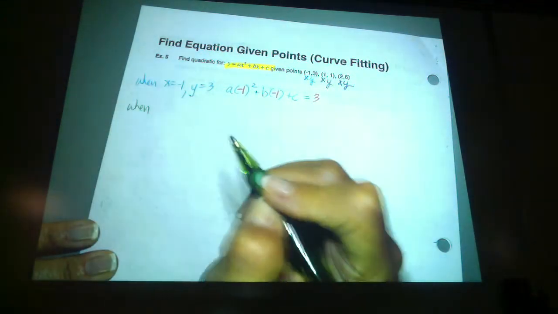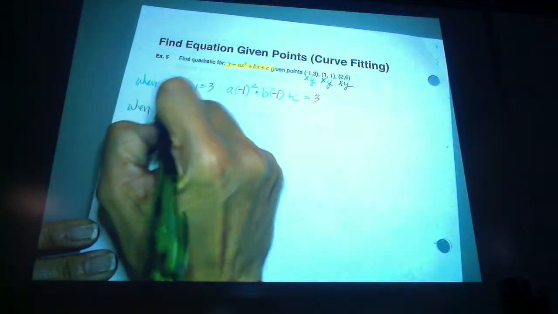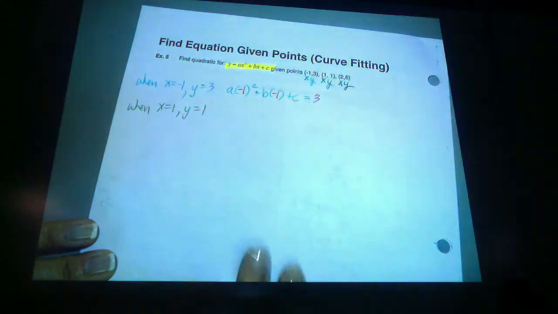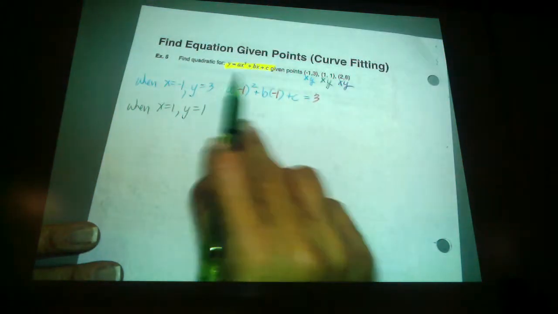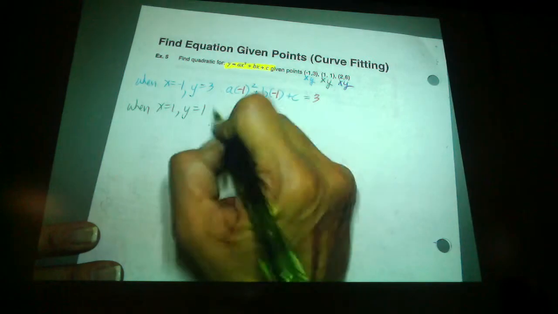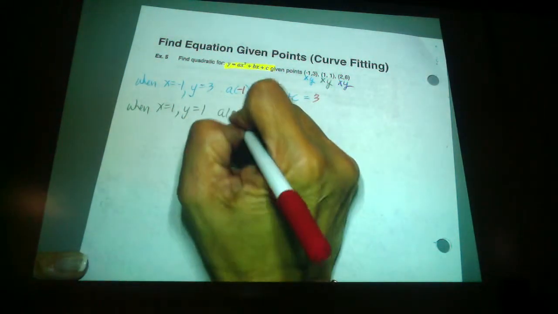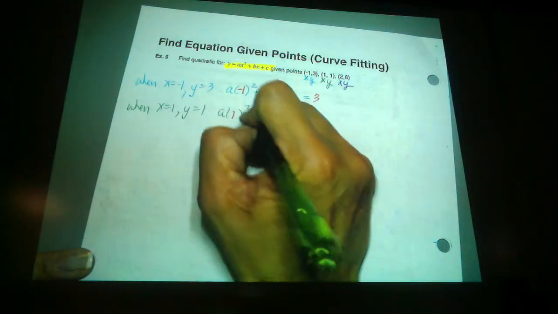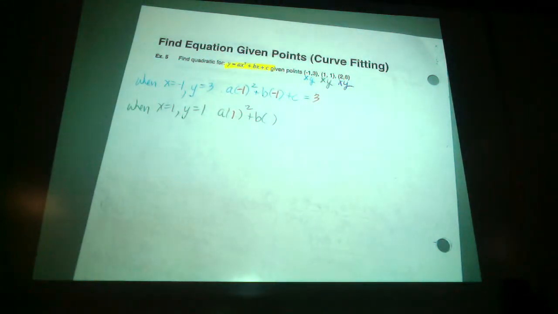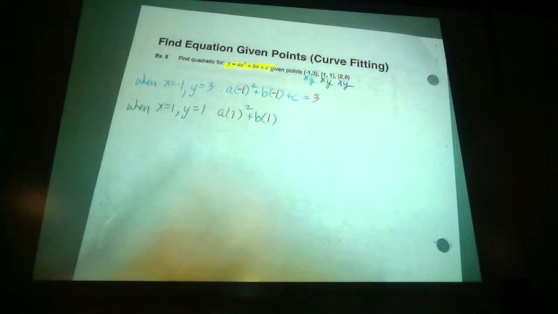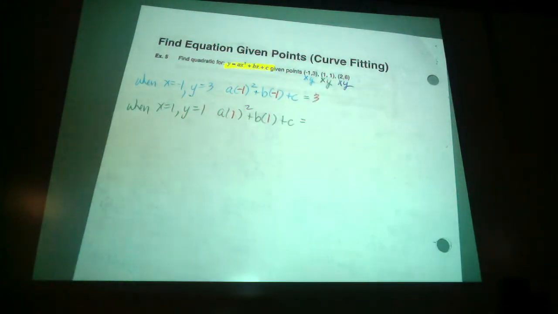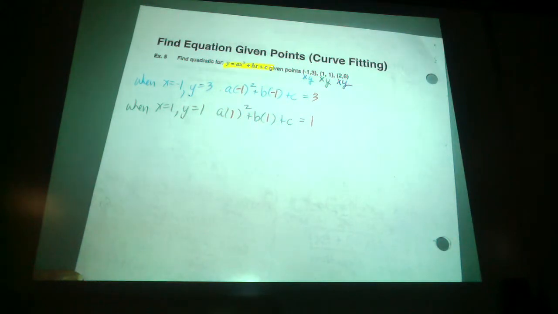When x is equal to 1 and y is equal to 1, I'm going to run it through the same original general formula. A, my x is 1 this time squared, plus b, x is still 1, plus c equals, and this time my y is 1. So that creates our second equation.